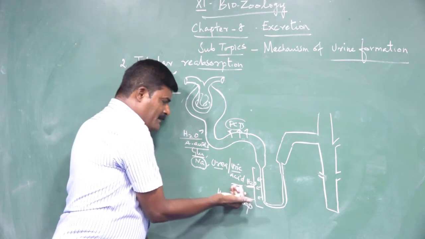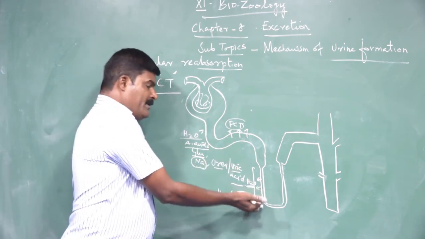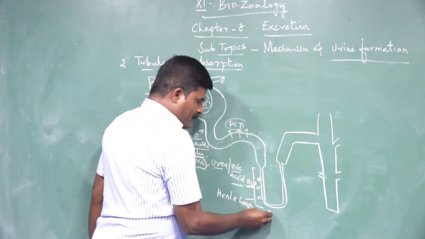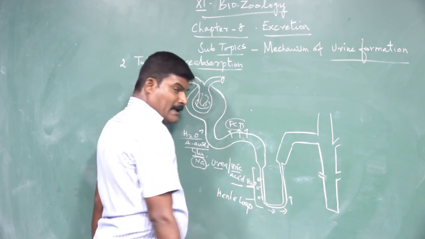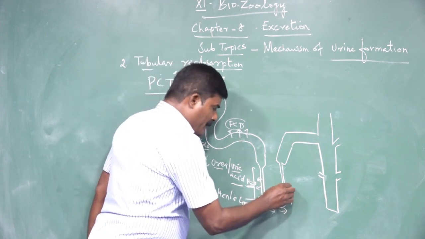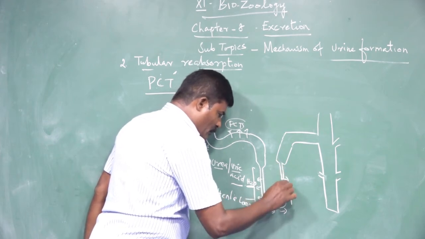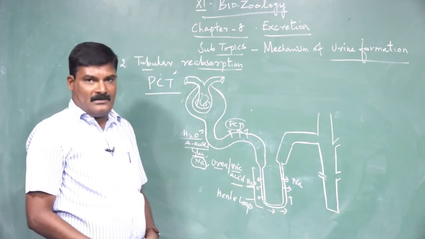Once the water is lost from the filtrate, the amount of sodium and chloride is increased. Once the filtrate passes from the thin descending limb to the thick ascending limb, the thick ascending limb of Henle's loop is permeable to sodium chloride and impermeable to water.